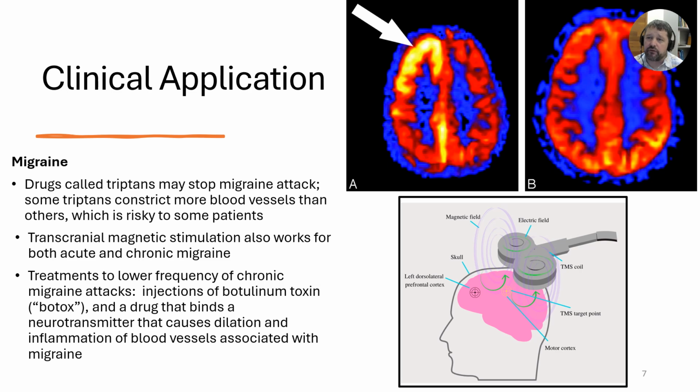If you block acetylcholine from being released, you might still have excess blood flow, but you may not get those pain receptors being triggered and causing the pounding and extreme headache.